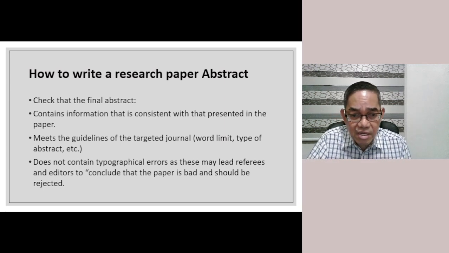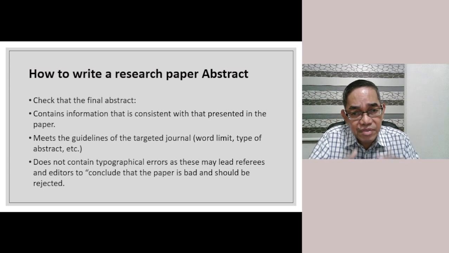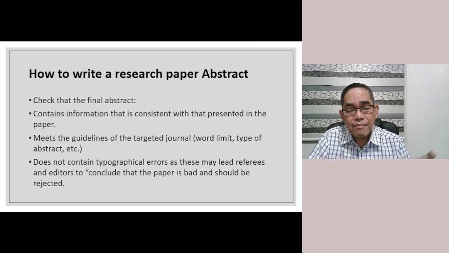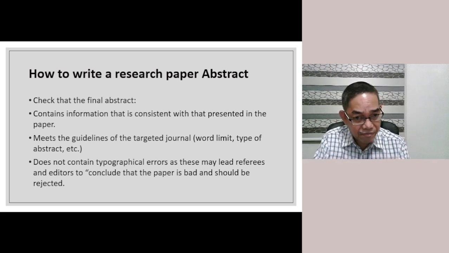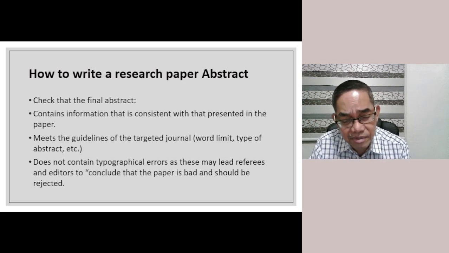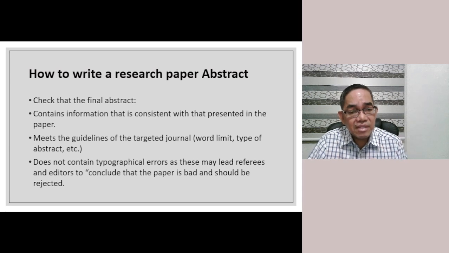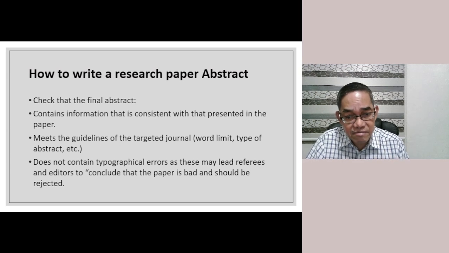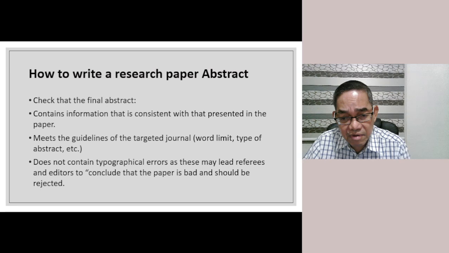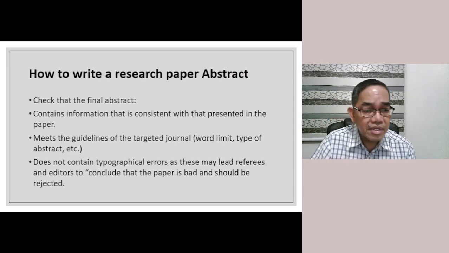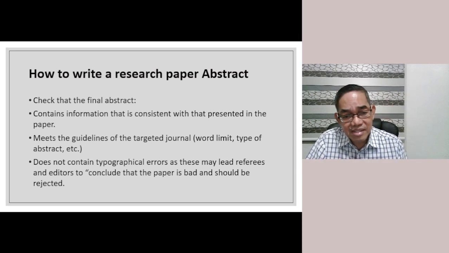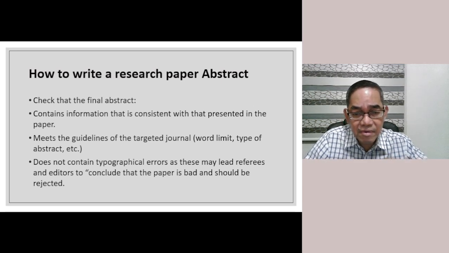So before publishing a paper, you need to read the guidelines of the target journals, for example, the word limit for the abstract, the type of abstract, etc. And it should not contain typographical errors, as this may lead referees or peer reviewers, they are synonymous, and editors to conclude that the paper is bad and should be rejected outright. So no typographical errors, no grammatical errors even.